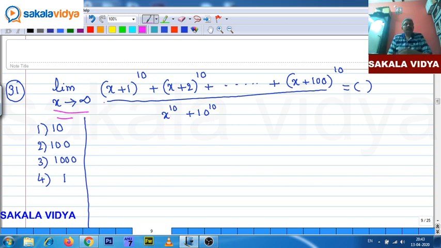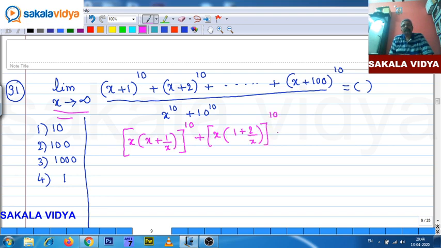Okay, first, from the first expansion take x common, from the second expansion you need to take x common, that means even the last also you need to take x common. So first let us write like this, x common, we have x times 1 plus 1 by x, in the first term, all to the power of 10, am I correct, plus in the second term also take x common in the bracket, 1 plus 2 by x all to the power of 10 and plus so on.